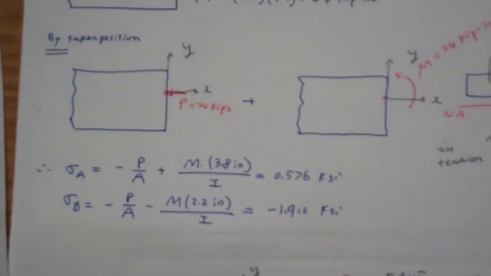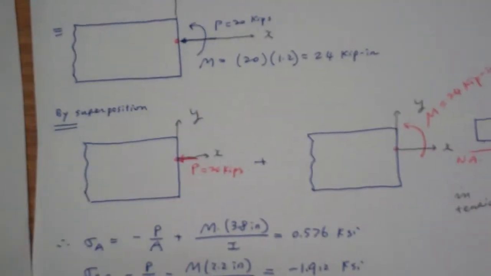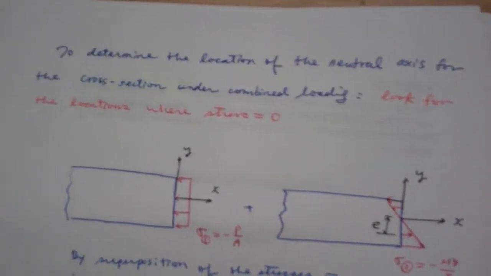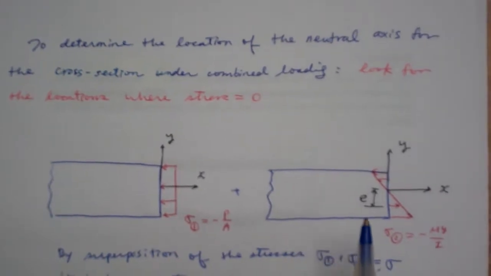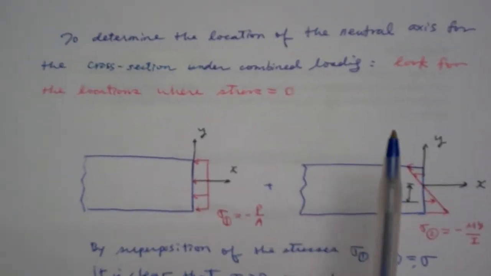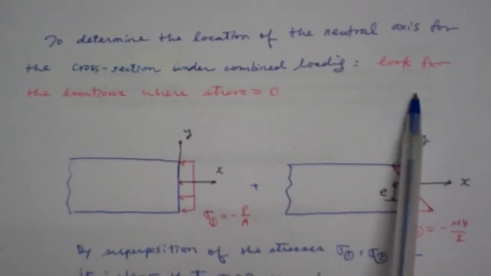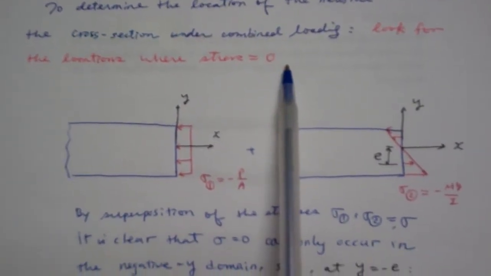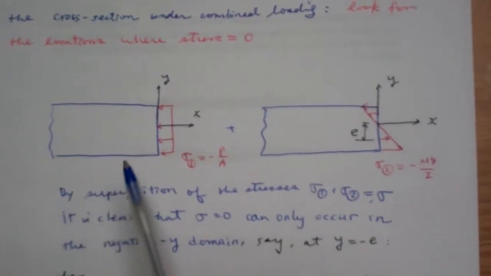Now, as for how to calculate the location of the neutral axis for this eccentric loading, we remember the definition of the neutral axis is where there is no stress or no strain. Now we look at the problem.